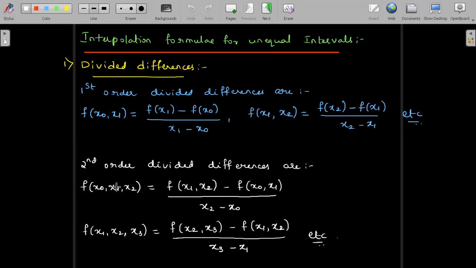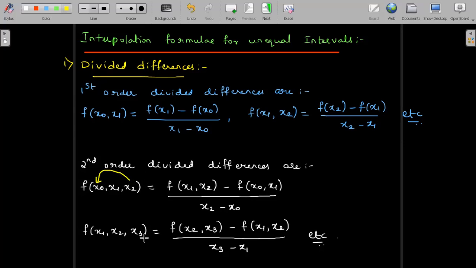That is, f of the latter two values minus f of the first two values, the whole divided by the difference of the extreme values of x. So in the denominator it is x2 minus x0.